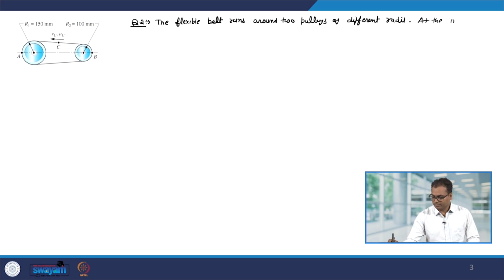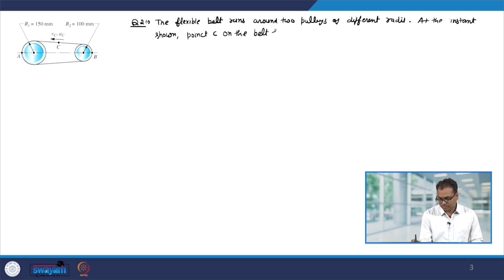At the instant shown, point C on the belt has a velocity of 5 meter per second and an acceleration of 50 meter per second square in the direction indicated in the figure.